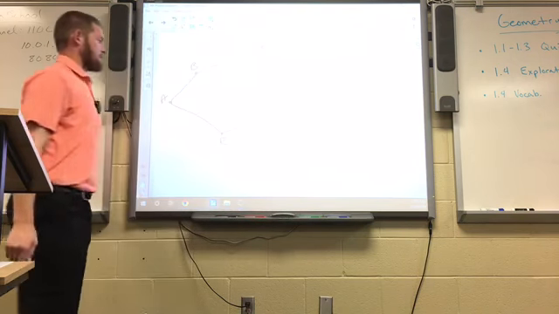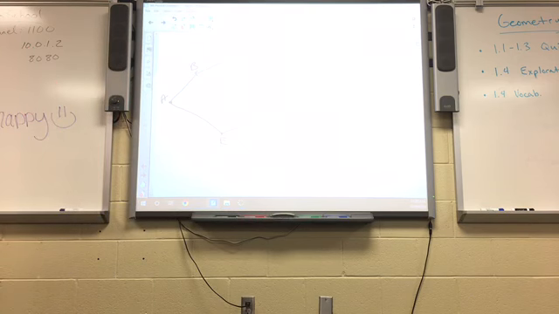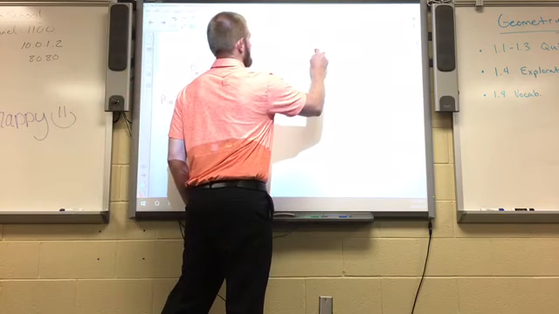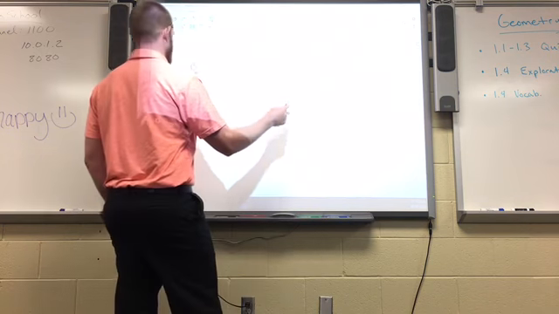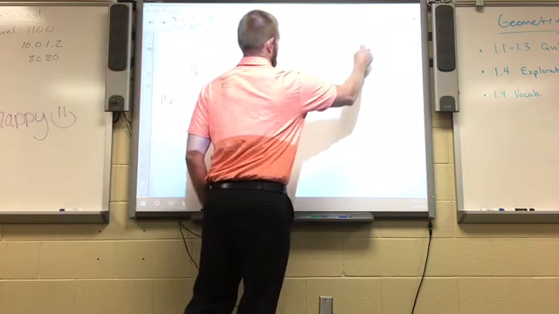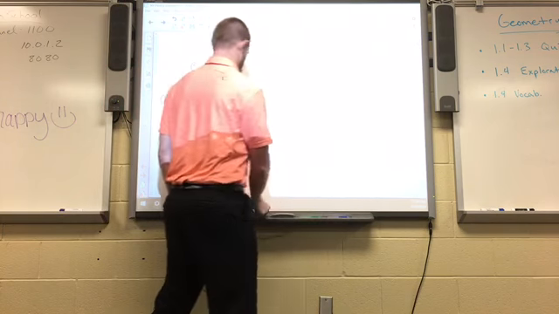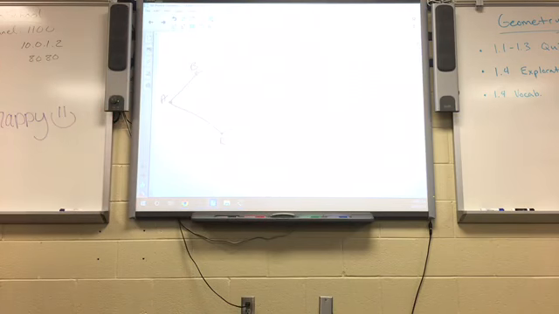Okay, every vertex, well, it won't always be labeled, but most of the time it'll probably be labeled. To name this polygon, this would be polygon, let's say DEABC. Hey, when you name it, it does not have to be in alphabetical order.